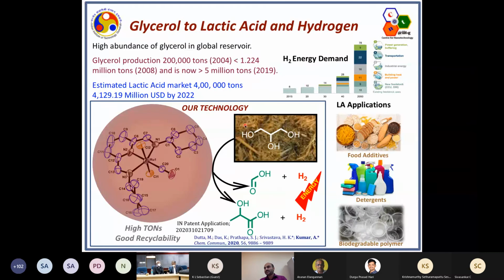So what we have done is, on a lab scale, we have taken 10 grams of glycerol and we have got about 8 grams of lactic acid. We are in the process of doing it on a bench scale now, in a batch reactor. But this is the current status.